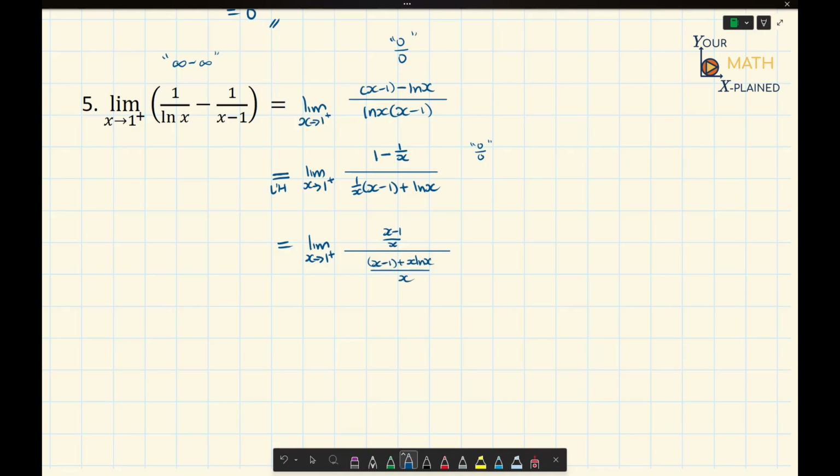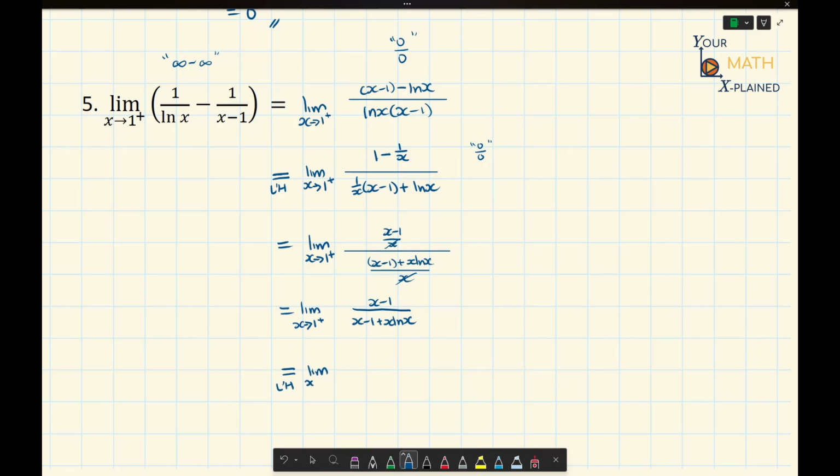And now we can cancel out the over x on the top and the bottom. So this simplifies to the limit as x approaches 1 from the right-hand side of x minus 1 over x minus 1 plus x times ln of x. And just to double check, we can try to substitute in 1, and we can see that this is still in the form of 0 over 0, which means we can apply L'Hopital's rule a second time.